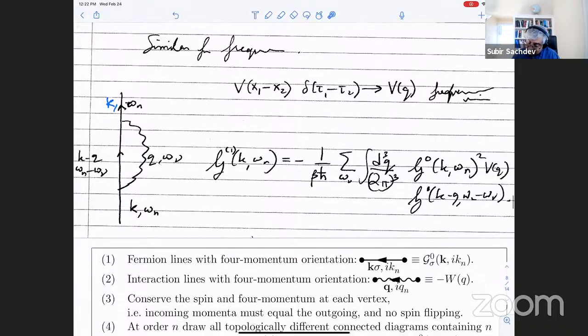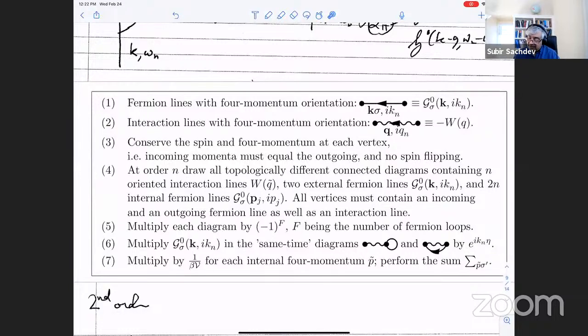So here's a concise summary of what I've said. The fermion lines have an orientation. He's calling it i k_n instead of omega n. The interaction line comes with a minus phi of q, he calls it W of q. This is from the textbook.